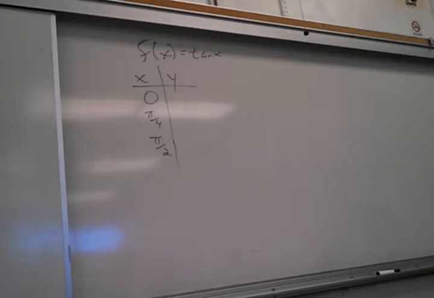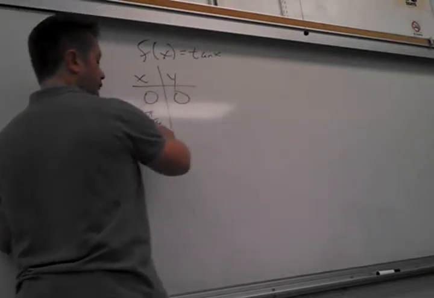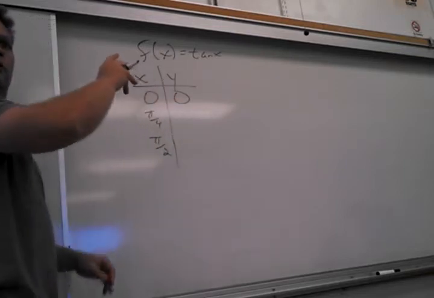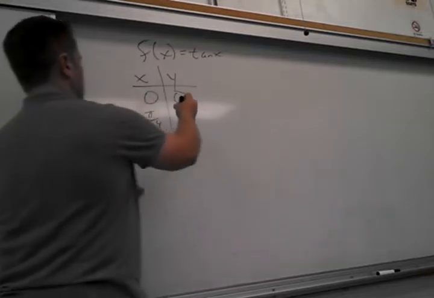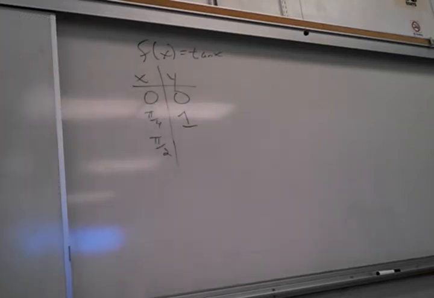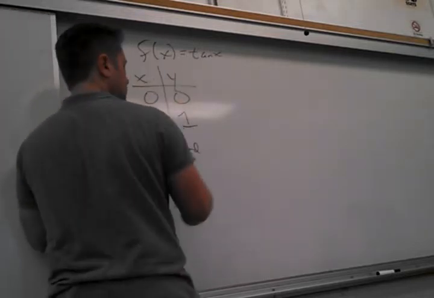Sine is 0, cosine's 1, so it's 0. Of course, tangent of pi over 4 is 1, because that's where sine and cosine are equal. And tangent is just sine divided by cosine. So anywhere they're equal, it's going to come out 1 or negative 1. And of course, what's tangent of pi over 2? Beautiful. So there's going to be an asymptote at pi over 2.